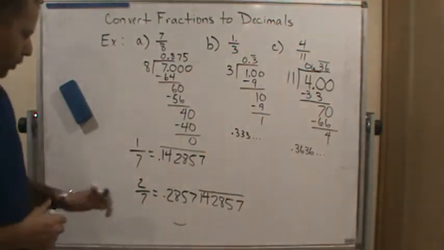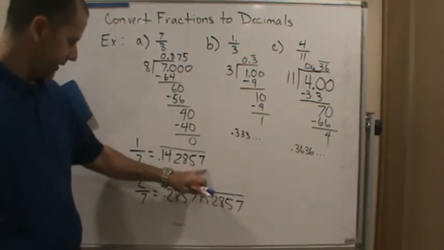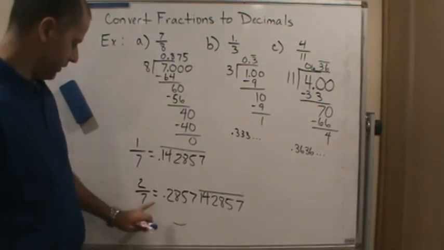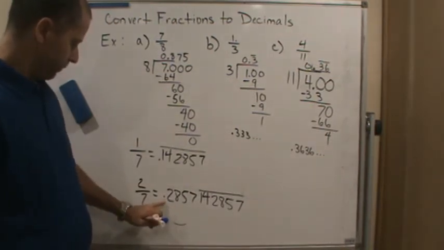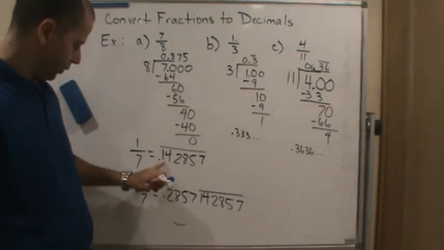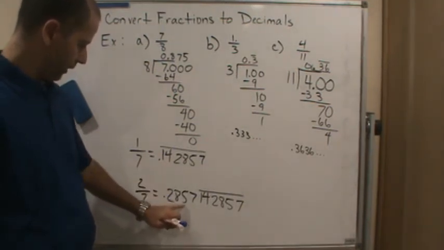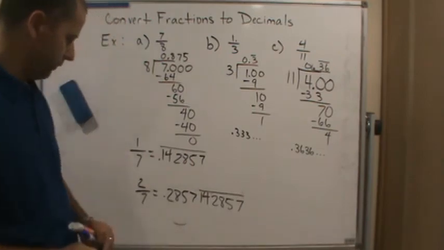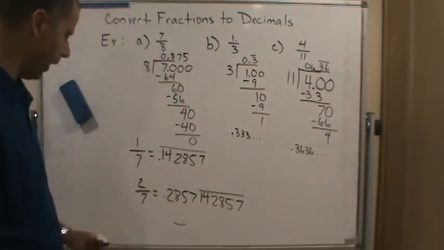So notice the 142857 is here, and then with 2 7ths, it just moves because basically you're starting 2 digits higher. So it goes from 1 to 2. So 2857, 142857. So you could write it this way as well.